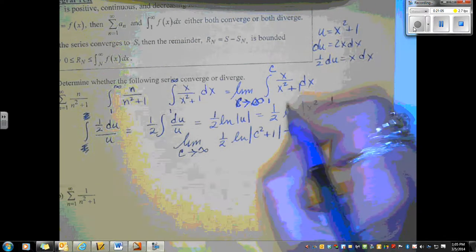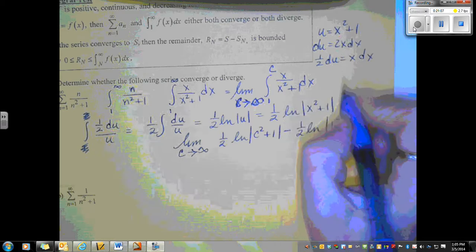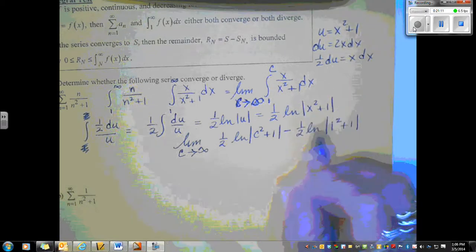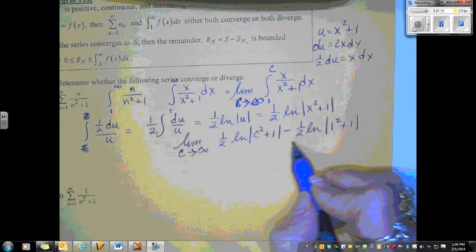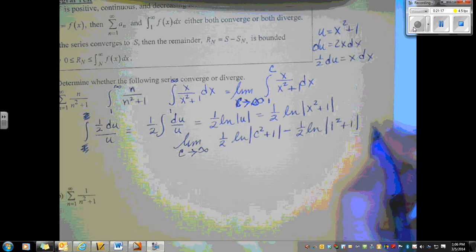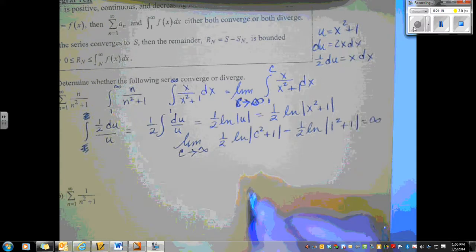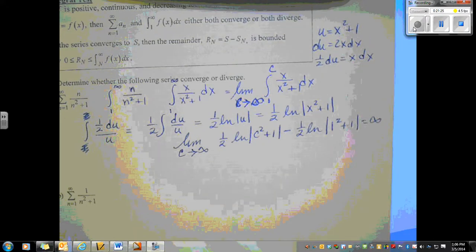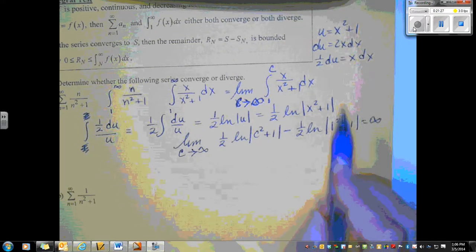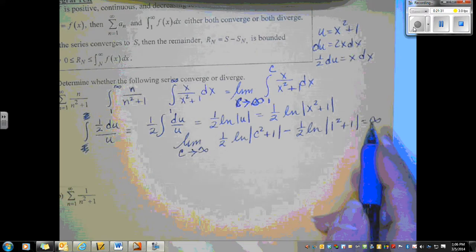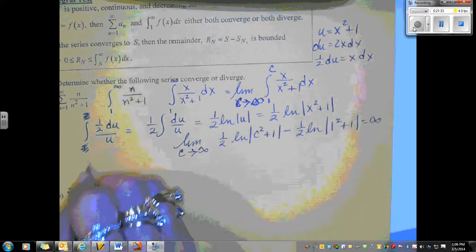Because didn't I have to go back and put in the 1 and the c into this integral? So I get this. So what does that go toward? This goes toward infinity. So it said up here what? I'm thinking if I go toward an infinitely big number, what is that going to mean? Diverge.